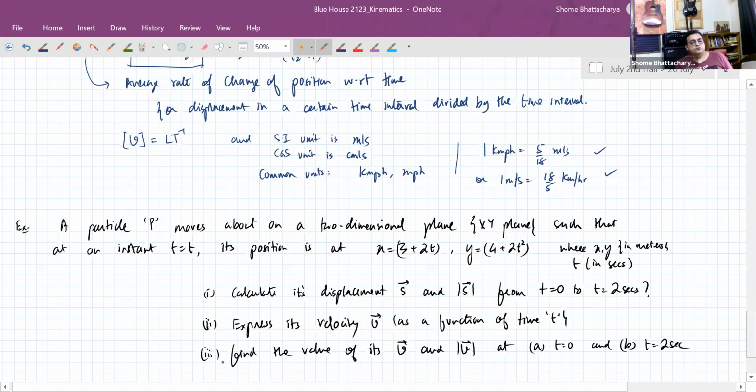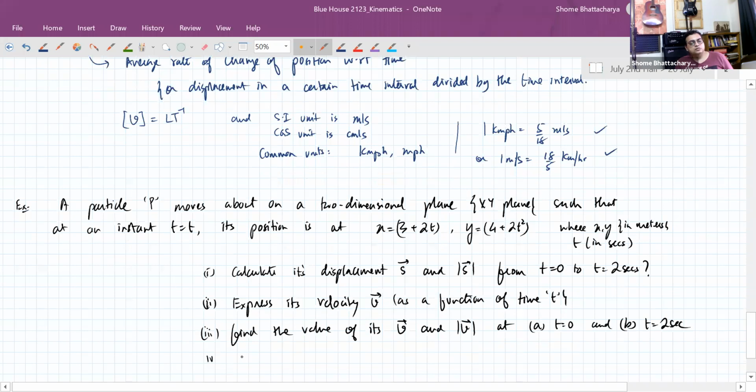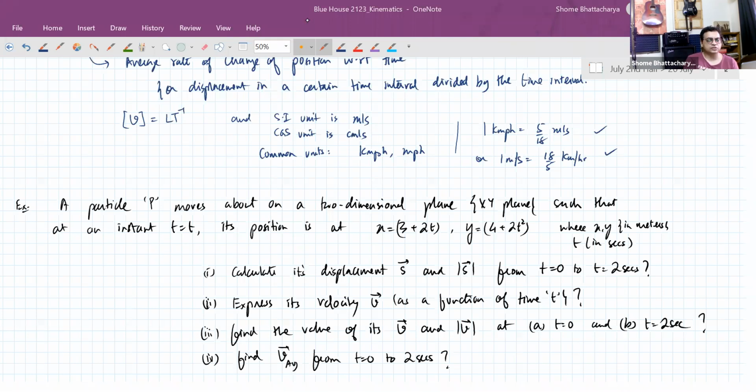And lastly, we have to find the average velocity from t equal to 0 to 2 seconds. So just go through the question, give it a thought, try to visualize the motion a little bit. But when it comes to solving each of the parts, you just have to apply the definitions.